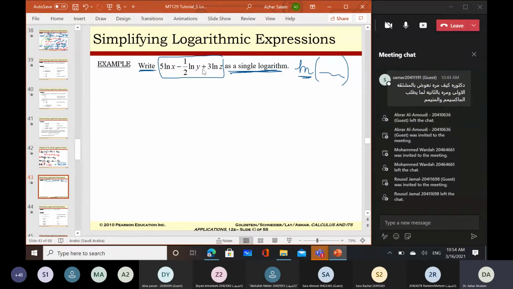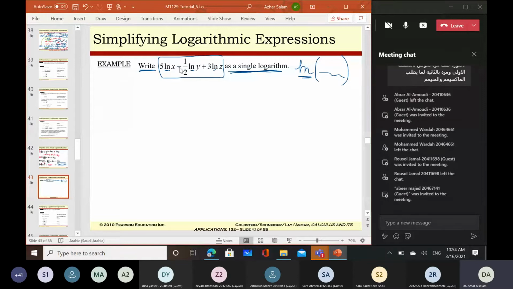Notice here, how many logarithms do I have? I have ln and ln and ln, three logarithms. So I will use the properties of ln minus ln and ln plus ln.